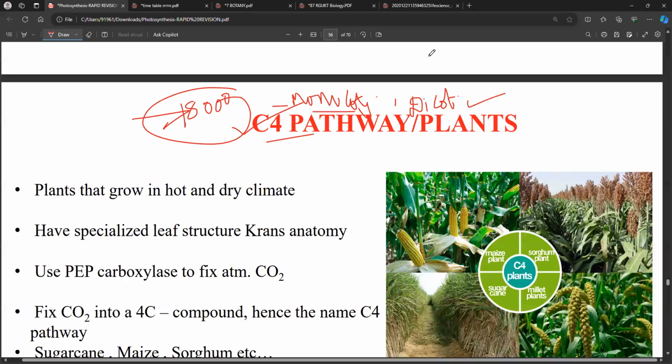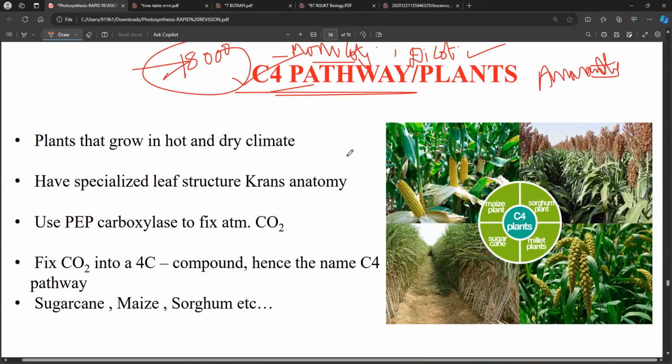Give me the example of a dicot that follows it. Very good. So what was that? Amaranthus is the name of the plant. Even though it belongs to the dicots, it follows the C4 pathway. I want all the students to remember it compulsorily. You can remember any kind of monocot example, but the most commonly asked examples in the exam are maize, sugarcane, sorghum, millet. These four are the major plants that they commonly ask.